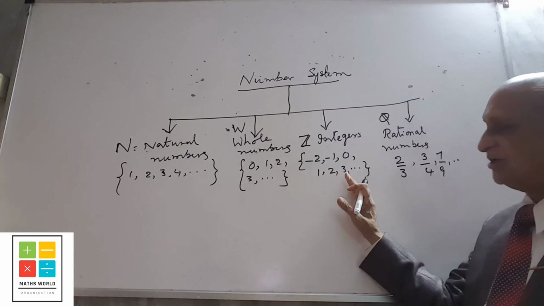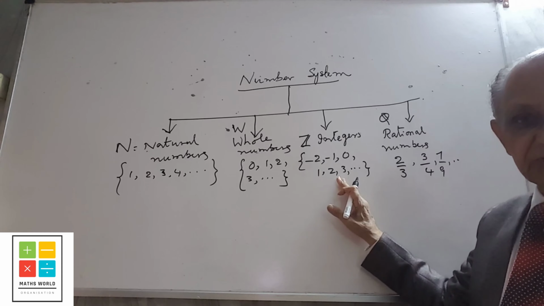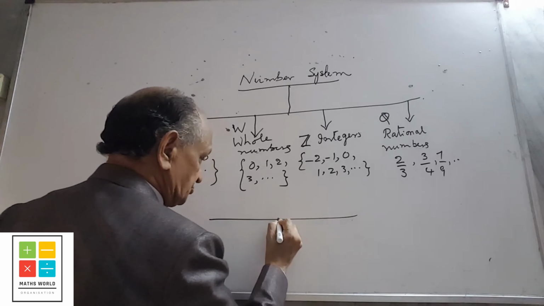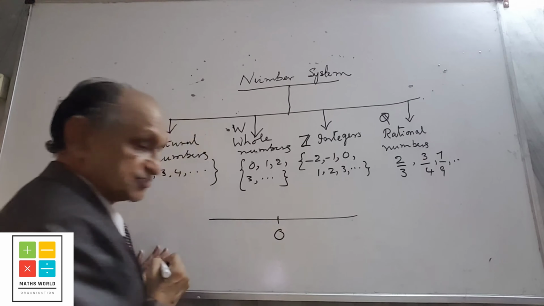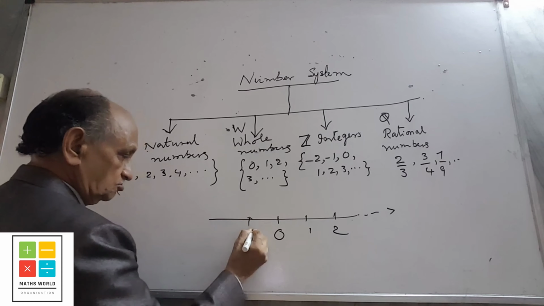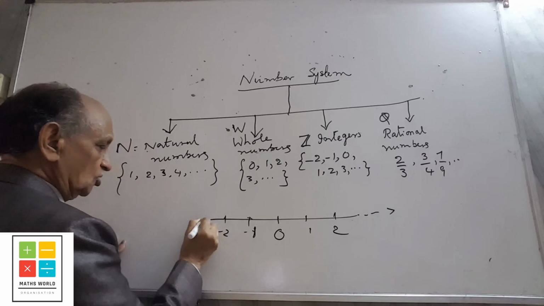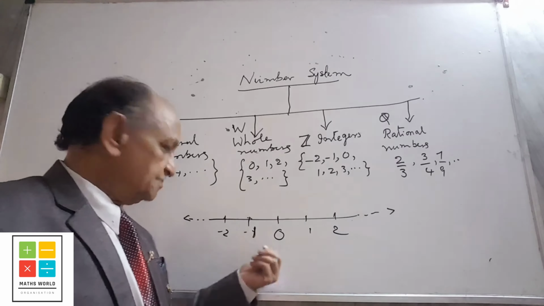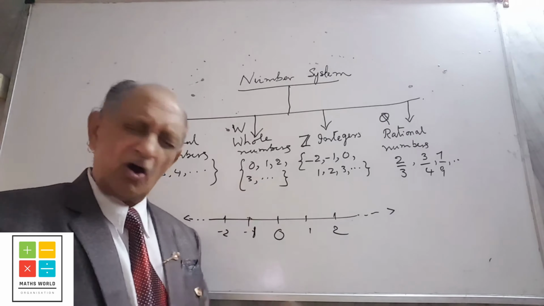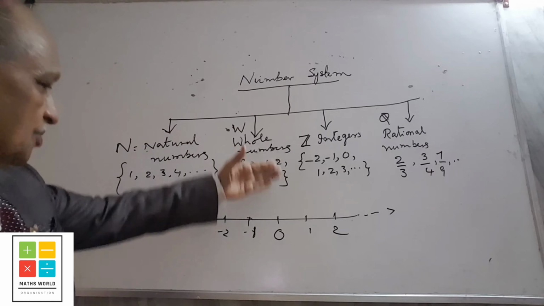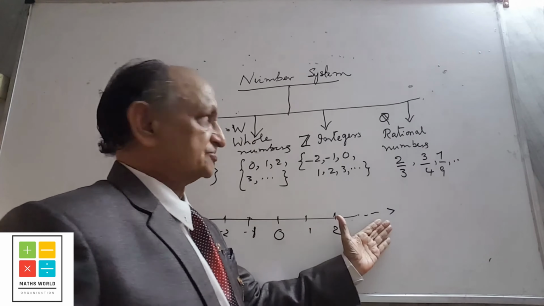Now here, integers. These integers are plus and minus. You have studied earlier in the 8th standard something called a number line. This number line has 1, 2 like this, it goes. Here -1, -2 like this, it goes here. This is a number line. All real numbers can be represented on this number line. Any number which you want to write, you can write on this number line.